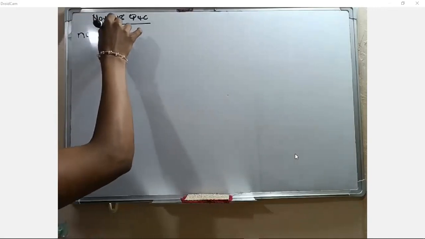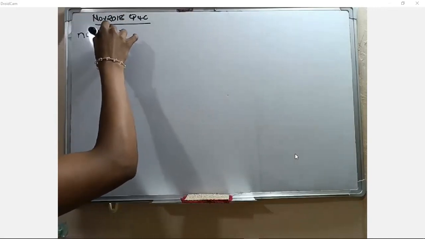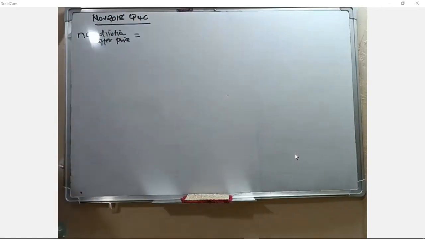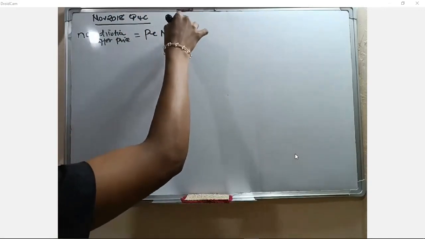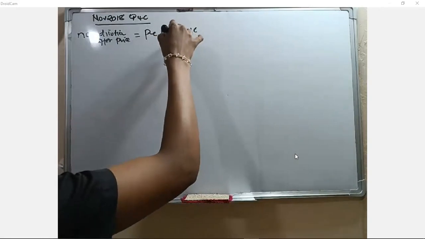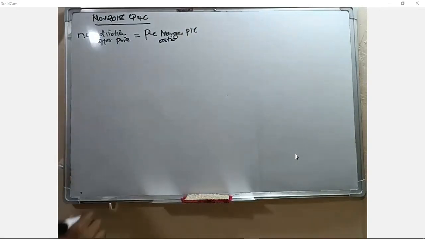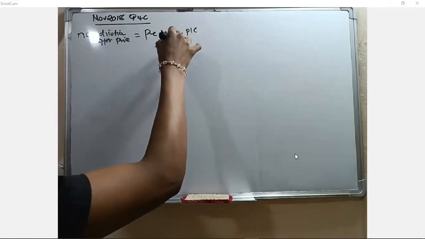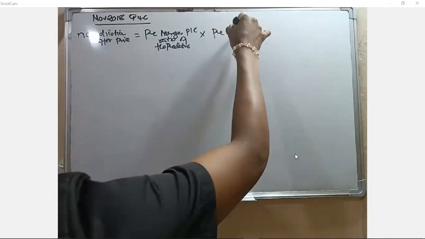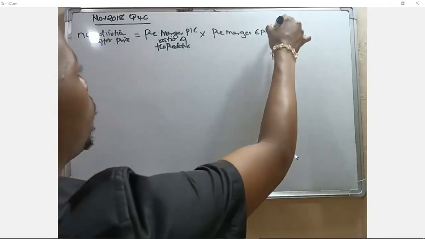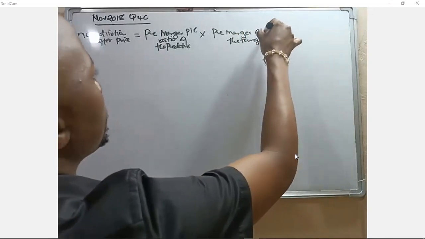We are discussing non-dilution offer price, which we normally get by taking the pre-merger PE ratio of the predator and multiplying by the pre-merger EPS of the target.